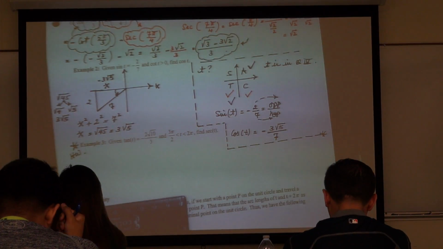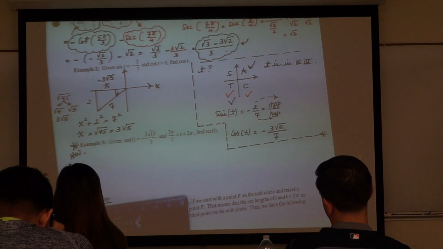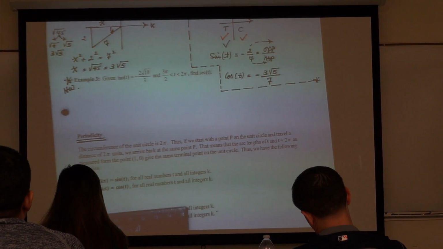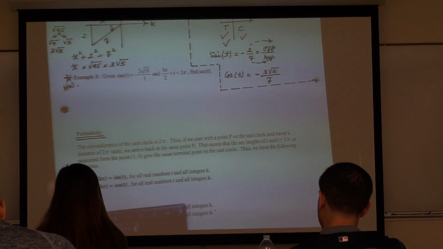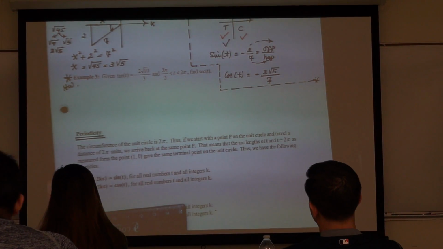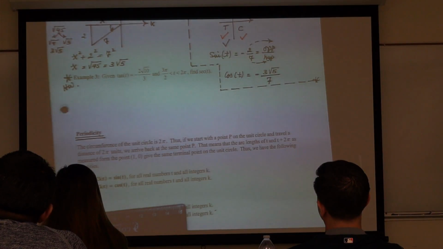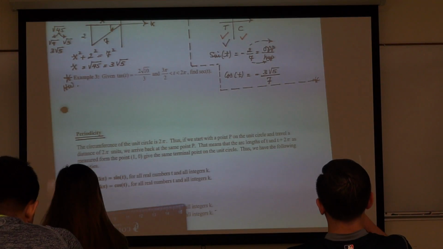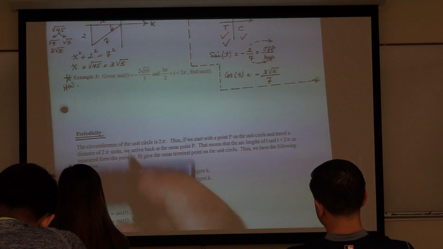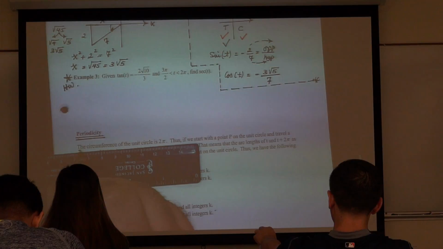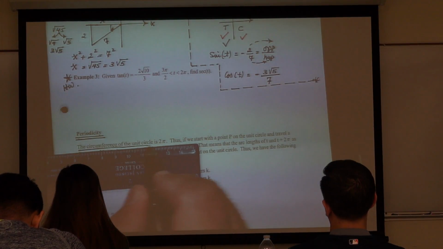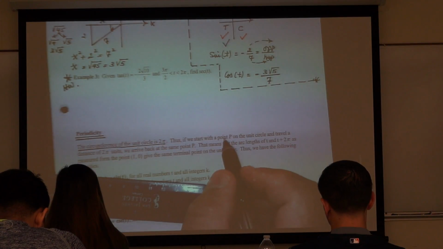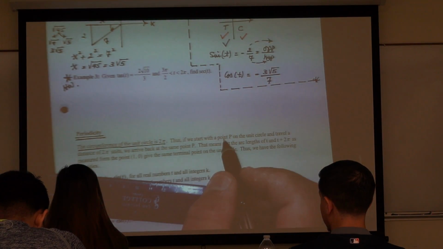So now we are beginning the graphing of periodicity. What is the hallmark of all periodic trig functions? They just keep repeating themselves, right? First of all, what is a period? Well, the circumference of the unit circle is just 2 pi. Thus, if we start at any point and go by full rotation, we go back to the same one.